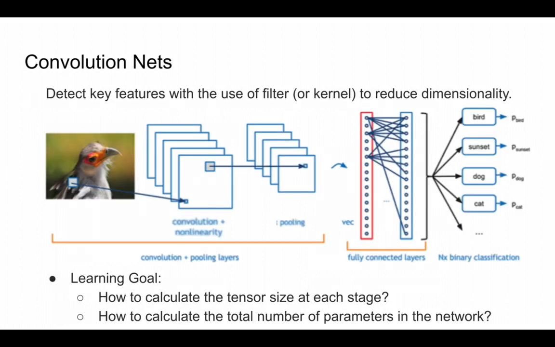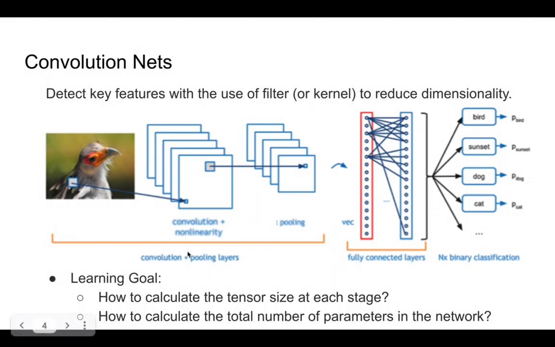The idea of the convolutional network is to define filters which can detect key features of the image. We can apply the same filter multiple times on the images, and then we can reduce the dimensionality. A convolutional network is mostly composed of convolution and pooling layers, followed by fully connected layers.